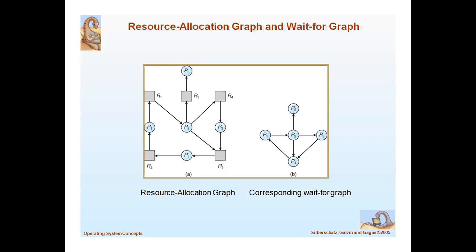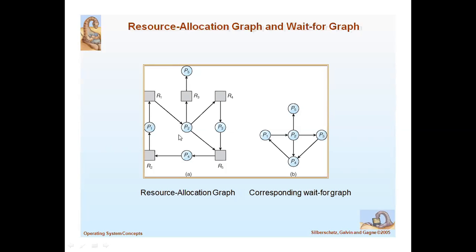So why are we using the wait for graph? If the resources contain only single instances, we go for the wait for graph. The wait for graph is constructed from the resource allocation graph.